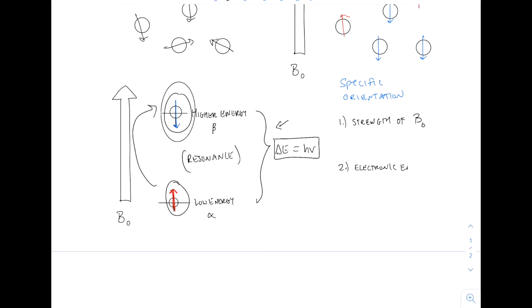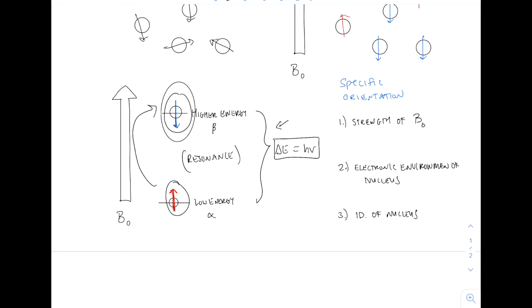And then we also have the identity of the nucleus as well. So ID of nucleus.